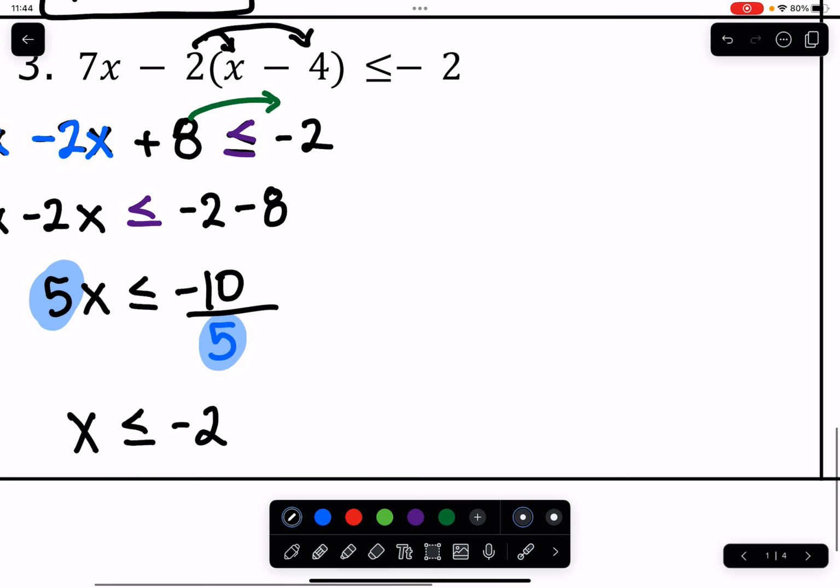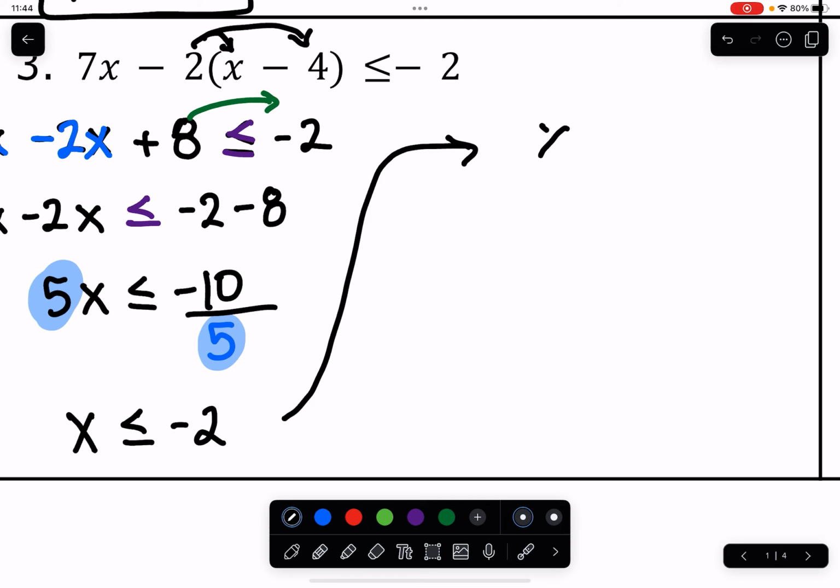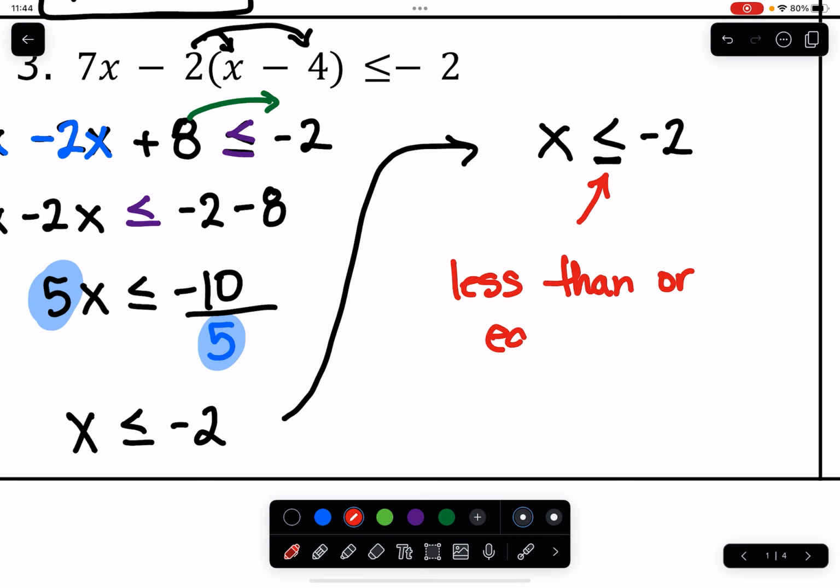So our solution, let me write it over here on the right side, is that x is less than or equal to -2. I said greater than earlier. I meant less than or equal to. So this symbol here, let me write what this means. This is less than or equal to.